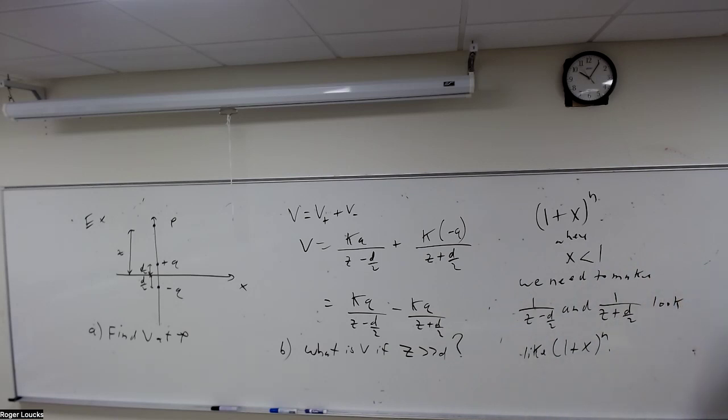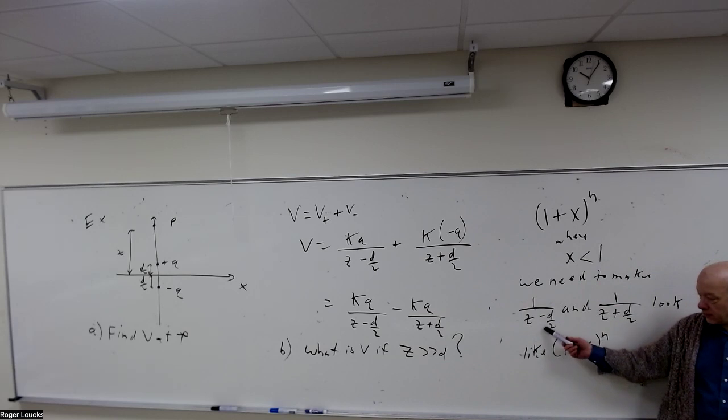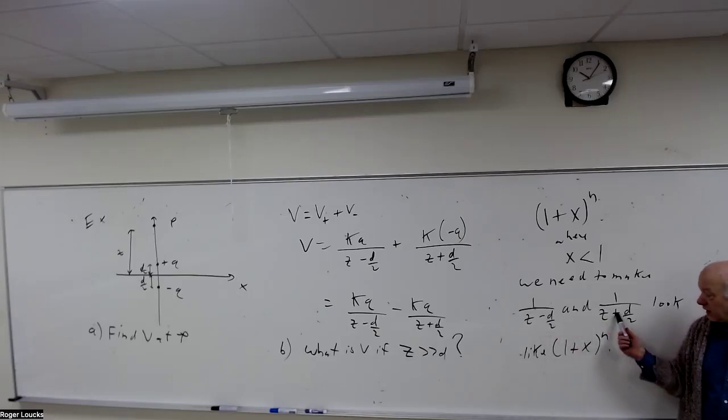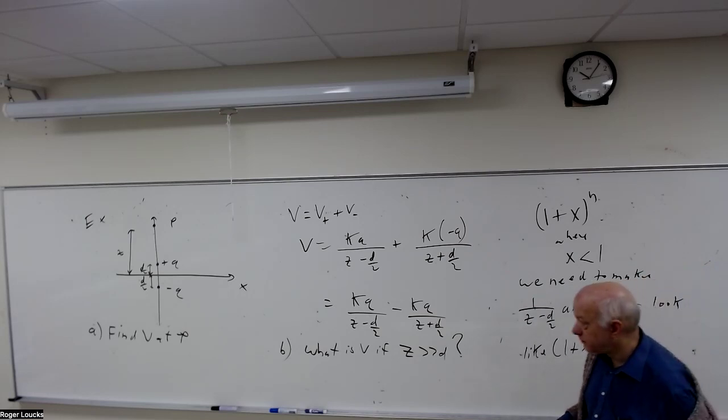What was our trick for doing that? Yeah, you have to pull out something here. So what am I going to pull out here at the bottom? You have two terms, D and Z, and I always told you to pull out the larger term. That way what's left is going to be small. So in each of these cases here, we're going to pull out the Z.